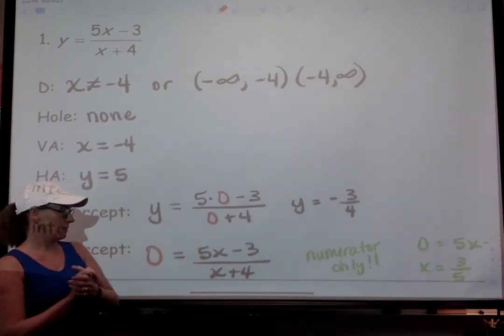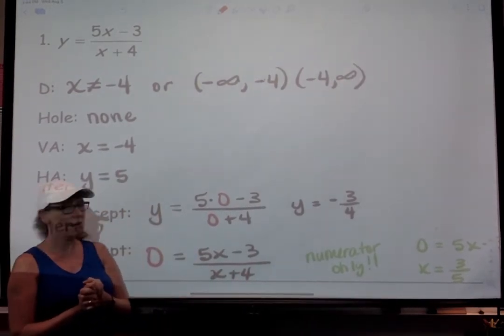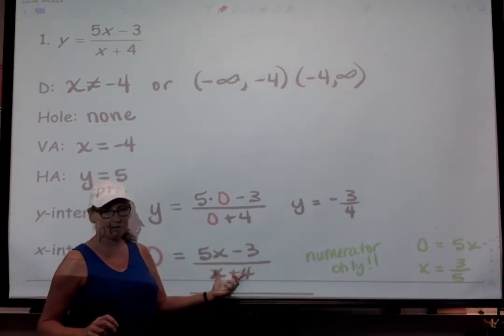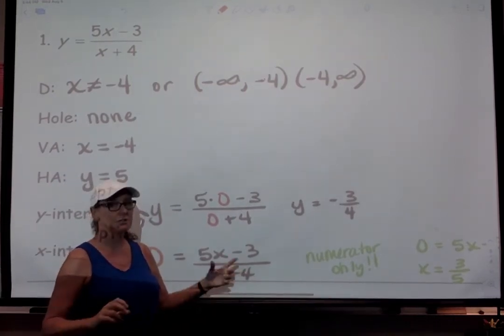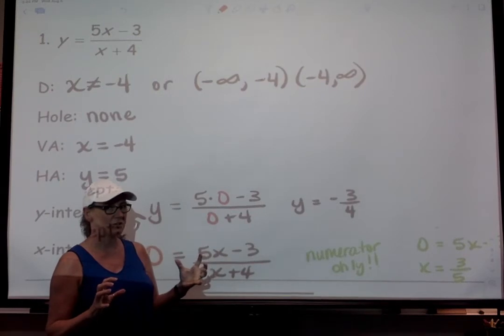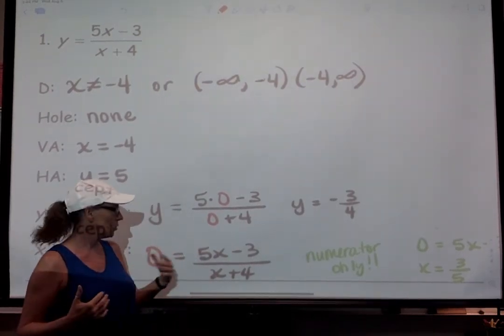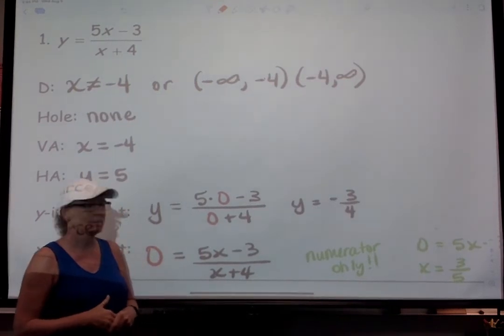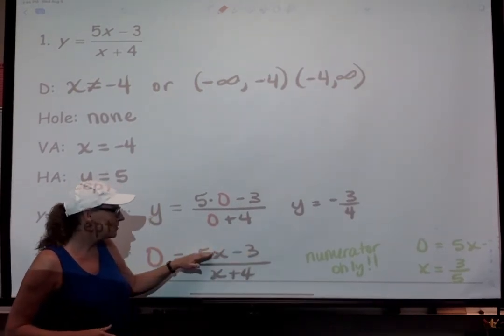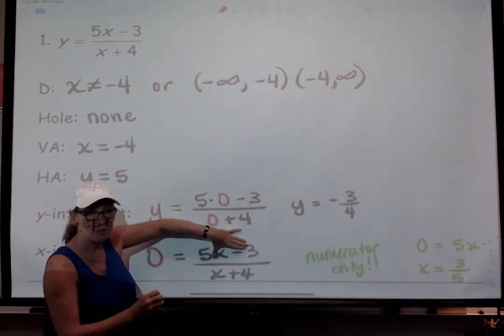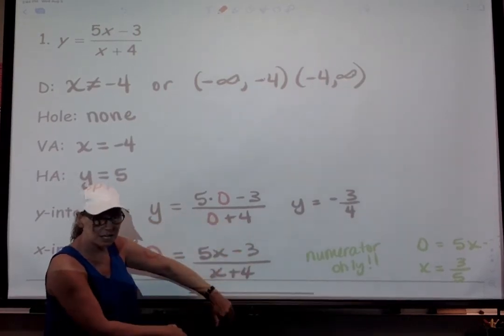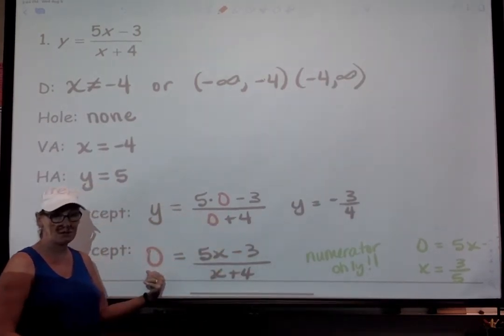Oh, no. Not when the denominator is 0. The function blows up when the denominator is 0. How does the function equal 0? When your numerator does. When your numerator is 0, 0 divided by anything is 0.